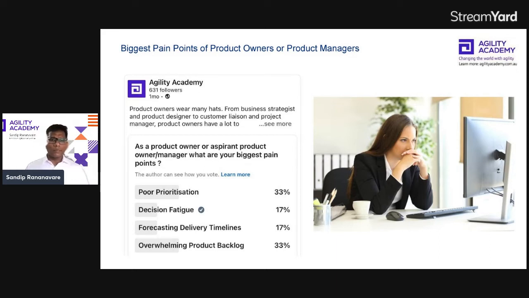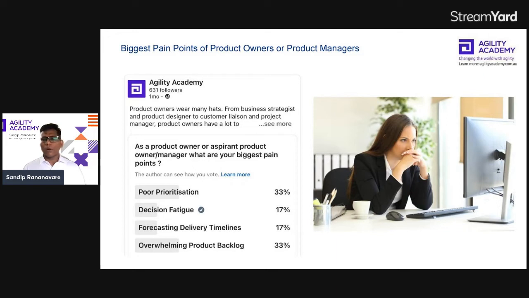and in governance. Now, when we asked this question and put forward four options, what we found was that the topmost challenge faced by a lot of product owners is poor prioritization. If you remember, I mentioned that prioritization is the topmost priority for a product owner, and having a scientific approach to prioritization is the best way to go forward.